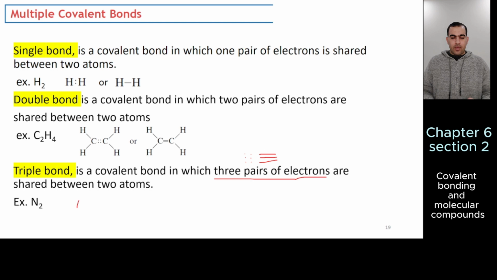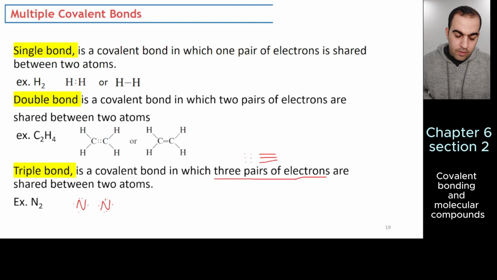Let's explain. We have 2 nitrogens. Which one is central? None of them, or both of them. When there are 2, none of them is going to be central. They're going to bond with each other. Both have 5 valence electrons because nitrogen is in group 15. To be 8, they need 3 more electrons, so they must share 3 electrons.